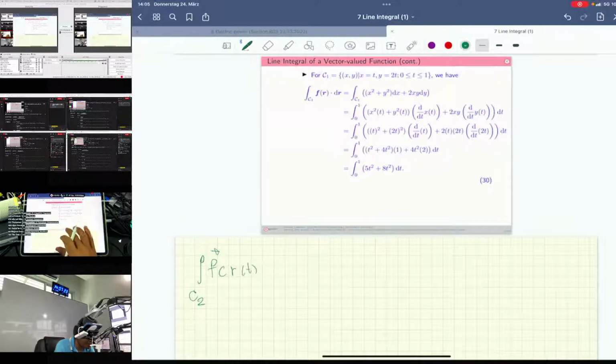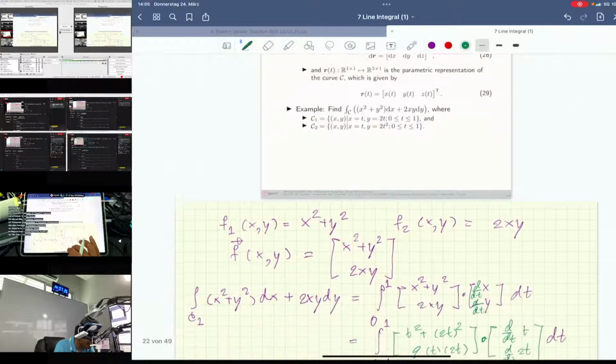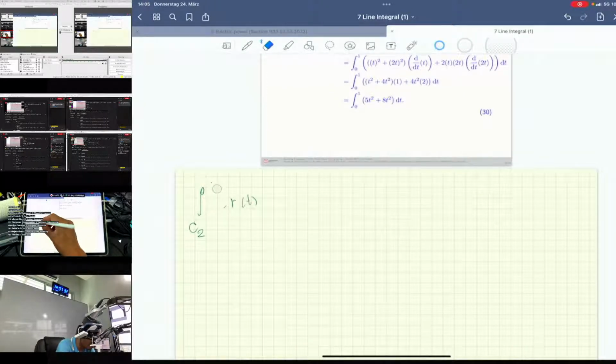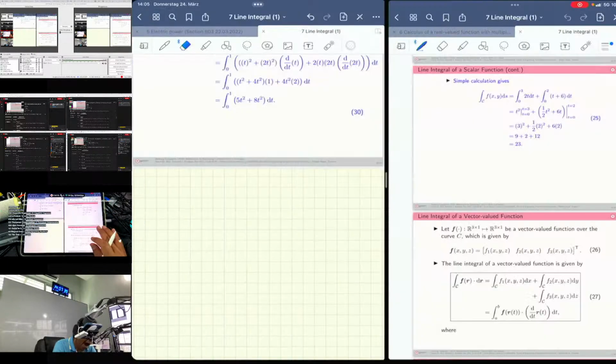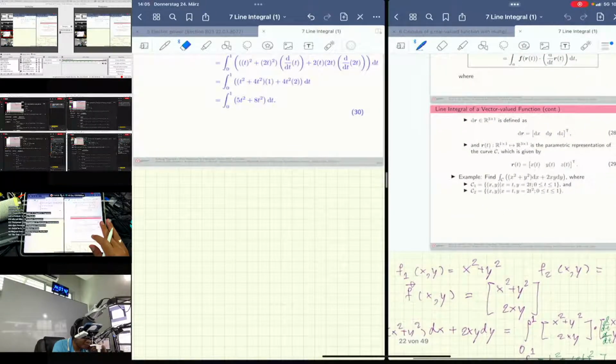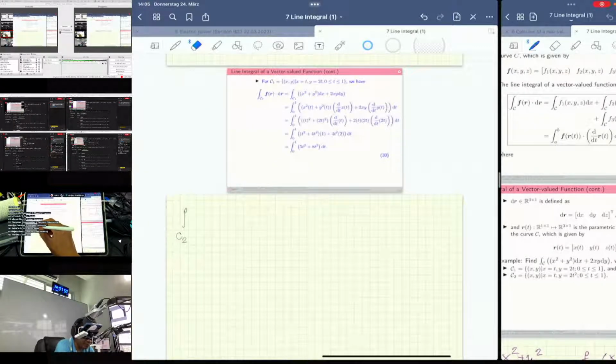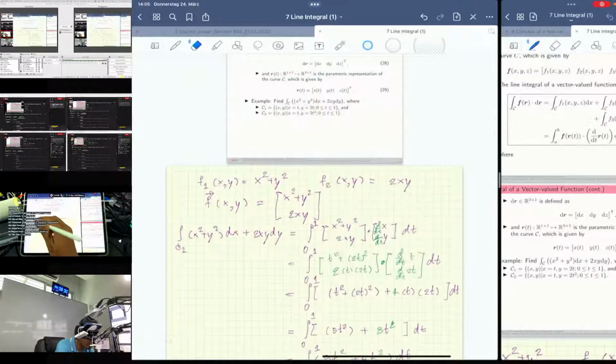What is the, okay, curve C, x squared, this one, along the curve C2, right?